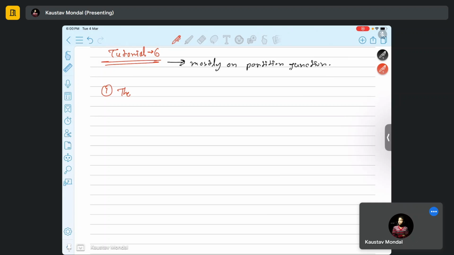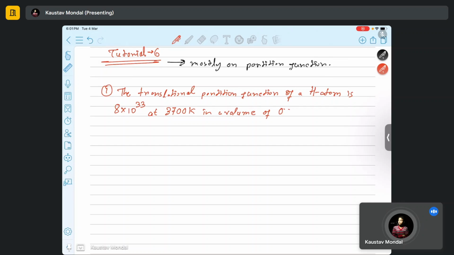The translational partition function of each atom is 8 into 10 to the power 33 at 3700 Kelvin in a volume of 0.064 meter cube.